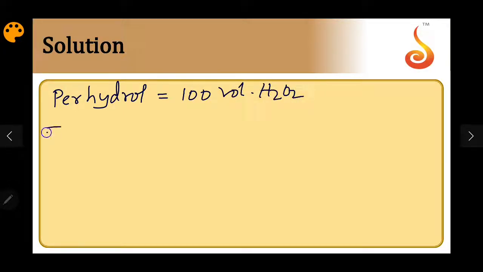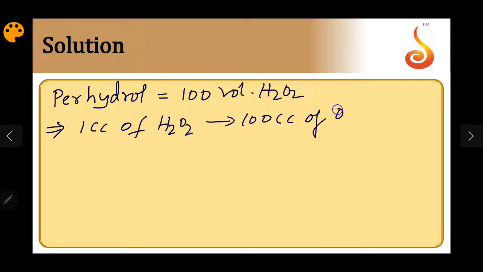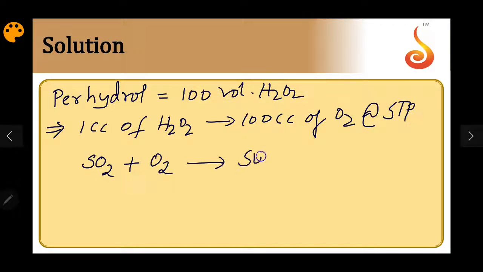That means 1 cc of H2O2 gives 100 cc of O2 at STP. Now what is required for us? SO2 plus O2 gives SO3. So 2 SO2 gives 2 SO3. I have 2 liters of SO2. I require 1 liter of oxygen.